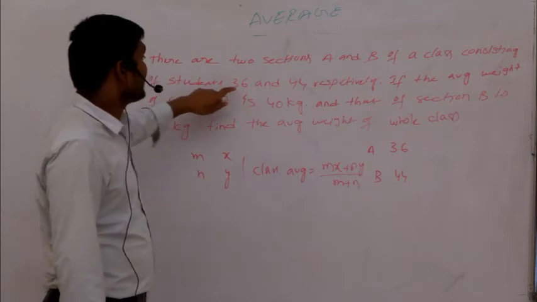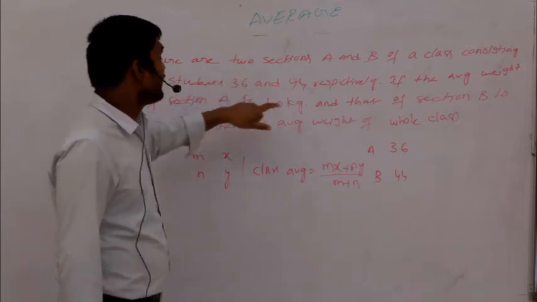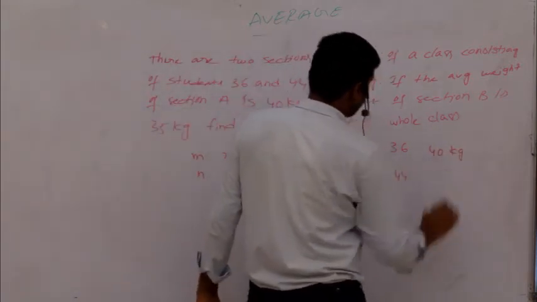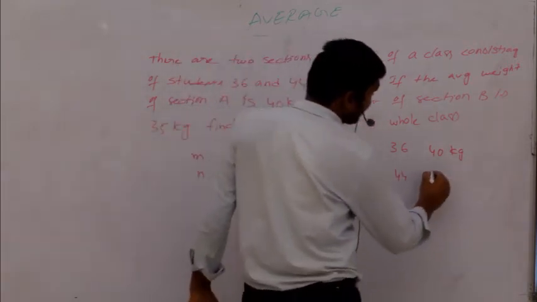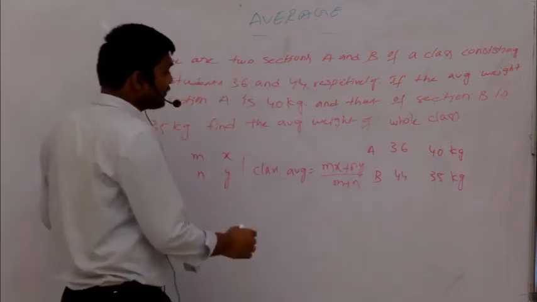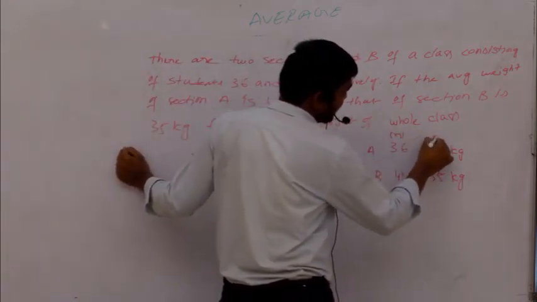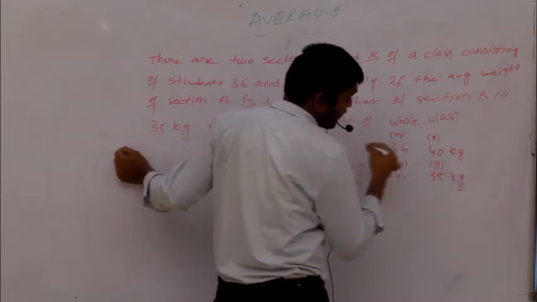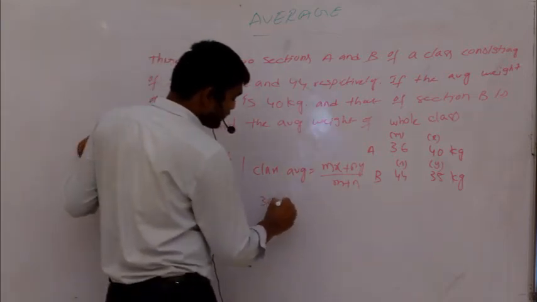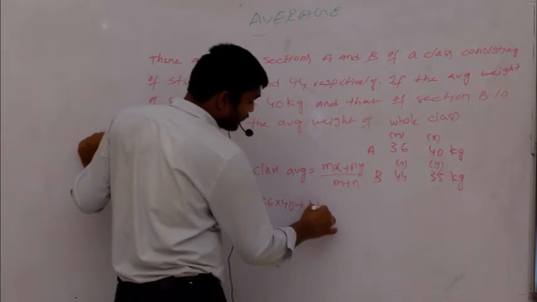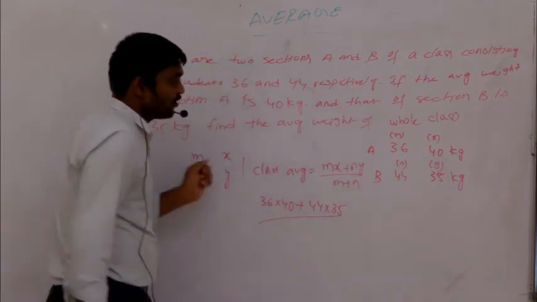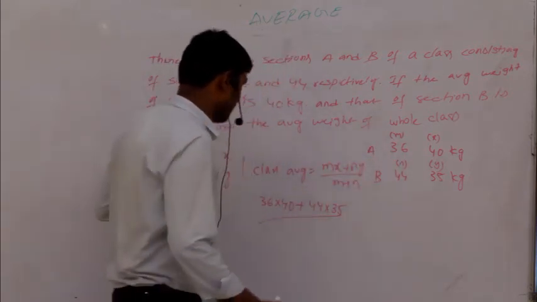The average weight of section A is 40 kg, section B is 35 kg. So 36 into 40 plus 44 into 35 by m plus n, that is 80.